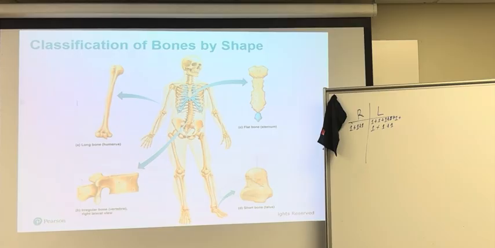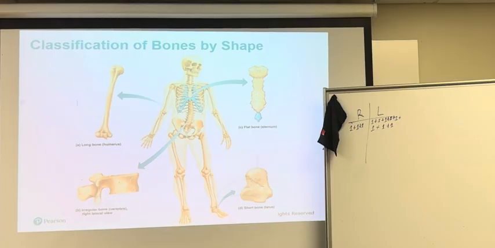Phalanges. What about the small one that has the same length and width? What do we call that one? Short bone. Examples are tarsal, carpal, right? Okay. So what about the irregular bone? All of your vertebrae, right? These are the irregular bones.